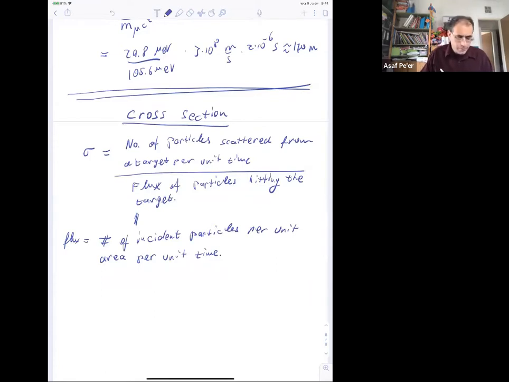We said that the cross section sigma has units of area. So typically centimeters squared, but the true common units are barn, actually nanobarn and less depending on the processes.